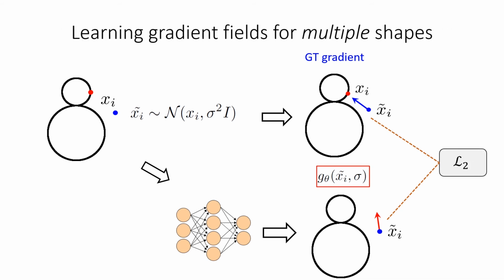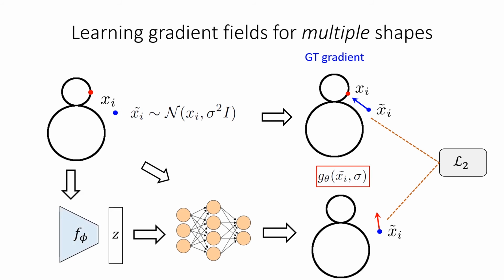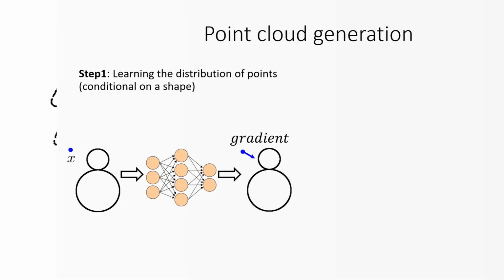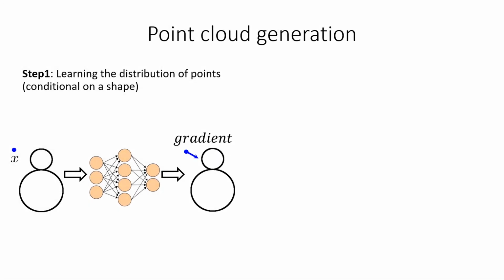To cope with multiple shapes, we also use an encoder network, which learns the latent code z from the point cloud of the shape, and the network g theta is additionally conditioned on this latent code z for learning the gradient field.